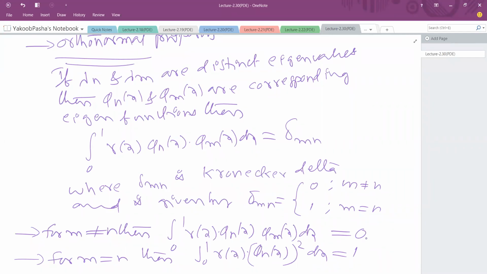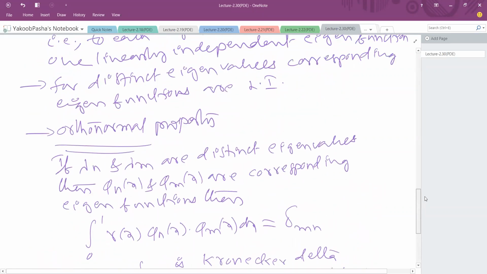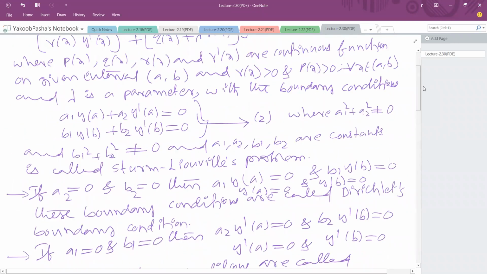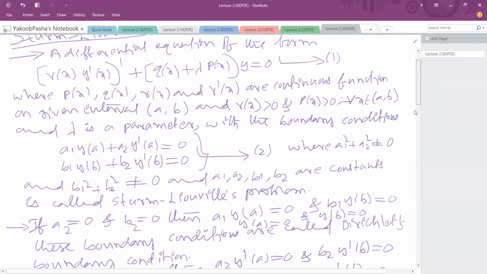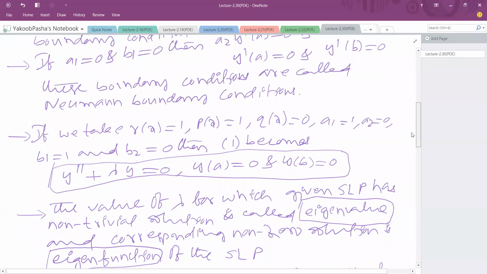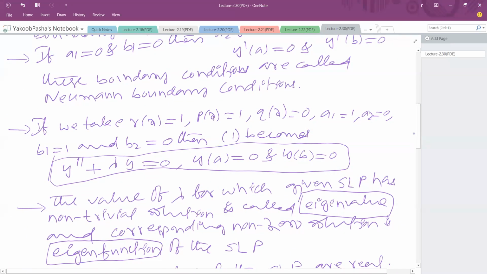Now I am taking some problems on how to find eigenvalues and eigenfunctions. These are the properties. By using the orthonormal property, we can find normalized eigenfunctions. The simplest form of the SLP is y double dash plus lambda y equal to 0 with boundary conditions y of a equal to 0 and y of b equal to 0.